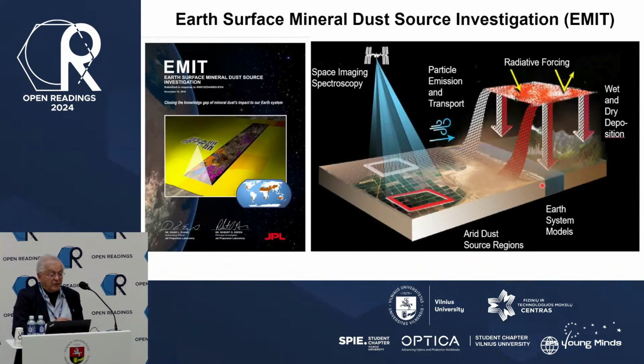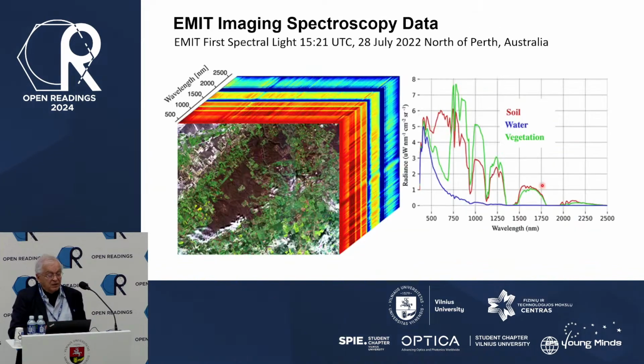Let me move to other things we are doing in Earth observation, which is using imaging spectroscopy. I see you have a lot of work on spectroscopy here. Imaging spectroscopy is using a spectrometer to get images at different wavelengths. So what we get is what we call a spectroscopy cube.